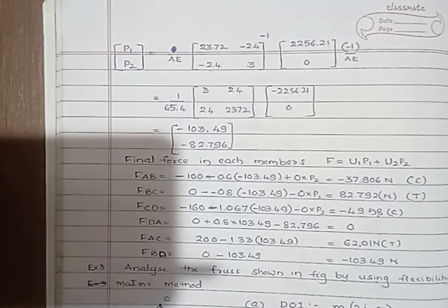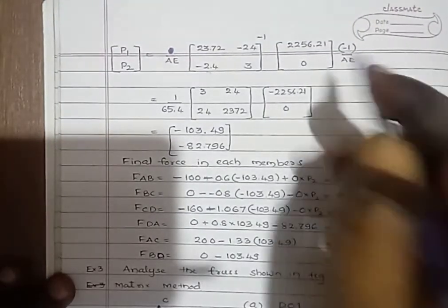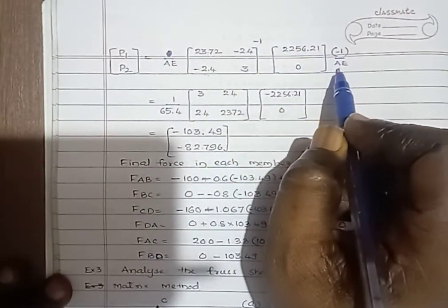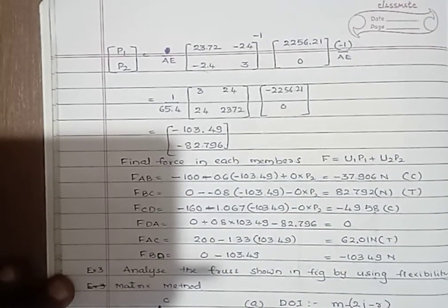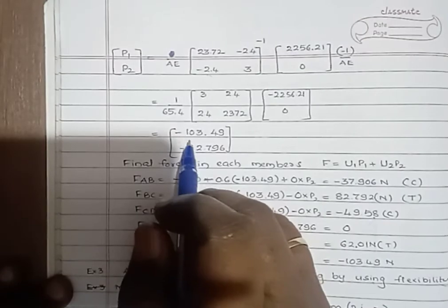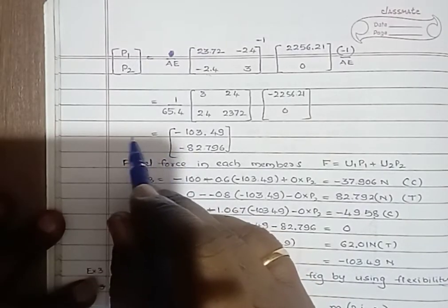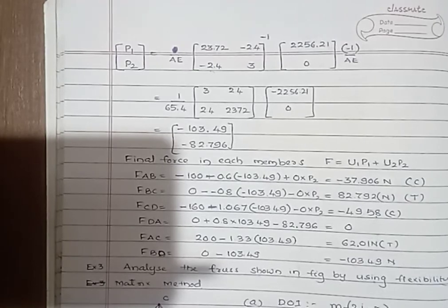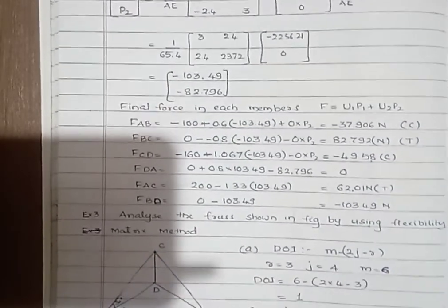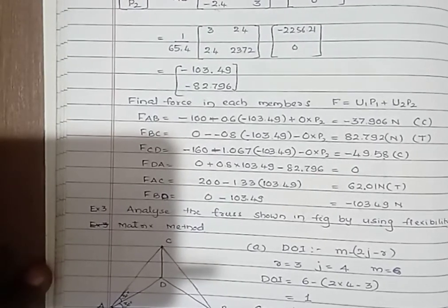Here the displacement due to the settlement and sinking of the support is 0. Hence 0 minus this one, minus 1 over AE is common. Then after simplification you will get the redundant values: the first redundant is minus 103.49, the second redundant is 82.796.